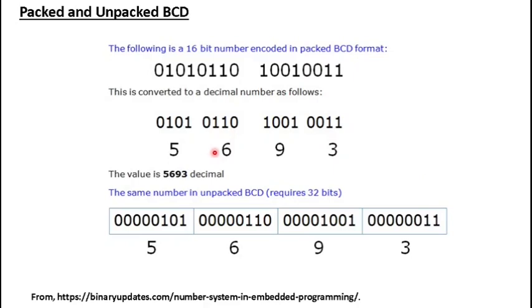Then in unpacked representation of BCD, each digit is given a complete byte. So even though you need to represent only the numbers from 0 to 9, the entire 8 bits is given to one digit. So this is unpacked BCD. Packed BCD is much more efficient compared to unpacked BCD.